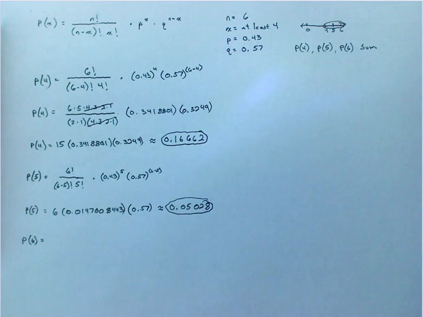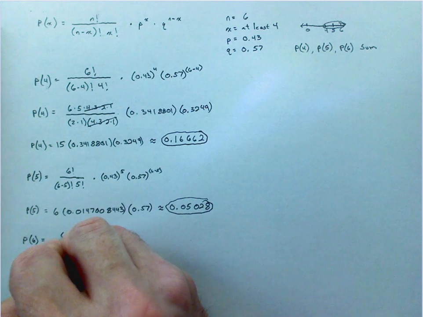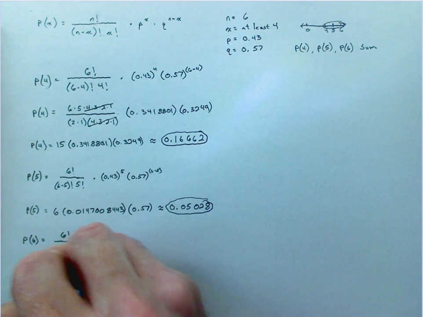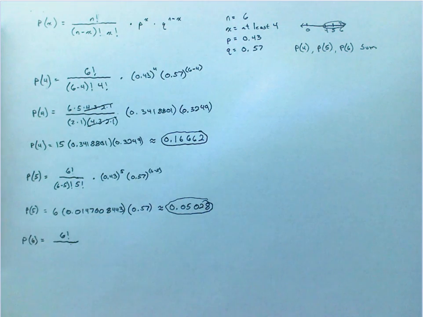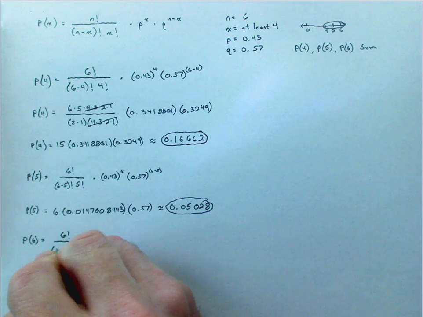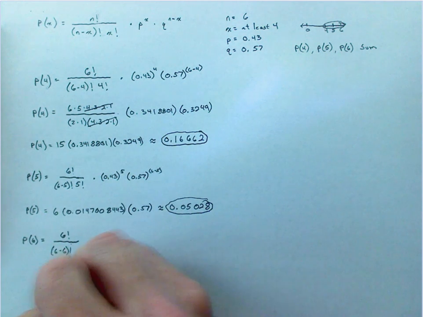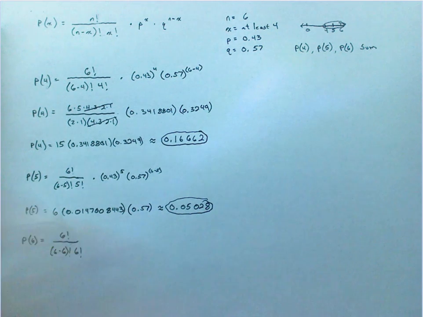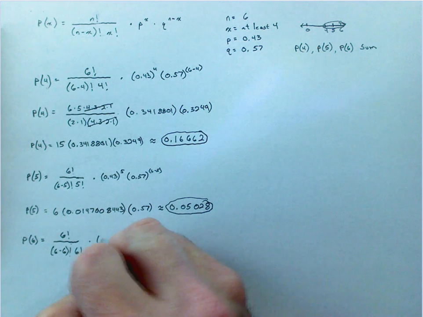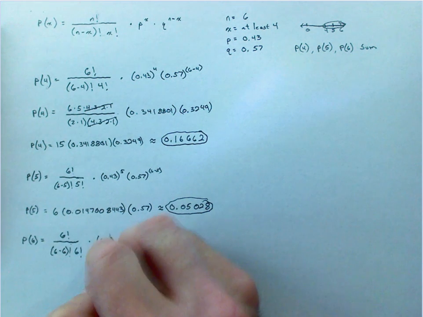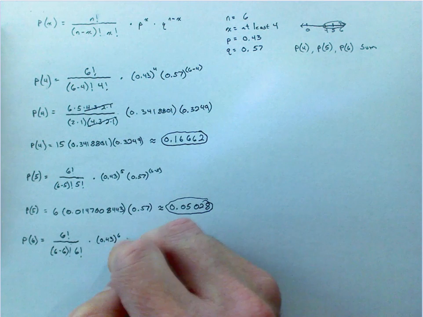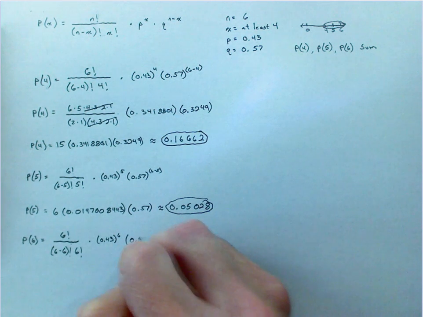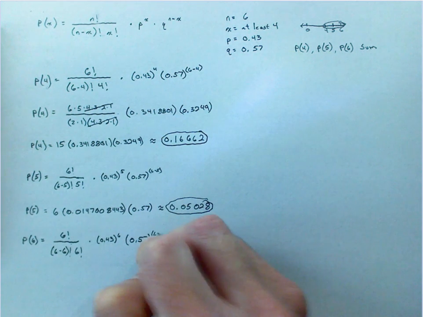Now x, my specific number of successes, is 6. The math of this one is simplistic, looking at factorials, because all of that comes to 1. I have 0.43 to the 6th, times 0.57 to the 6 minus 6, which is 0.